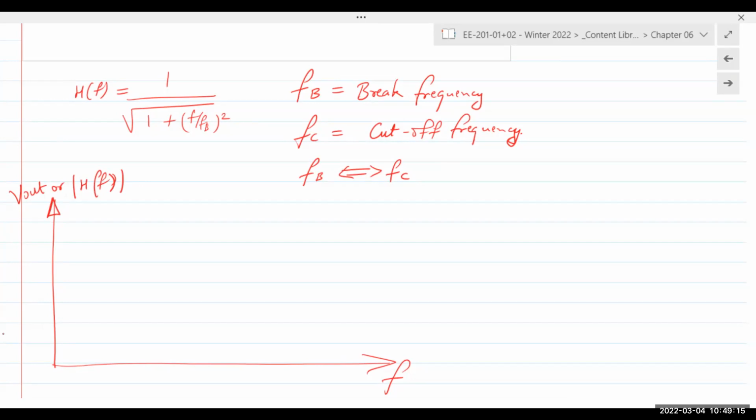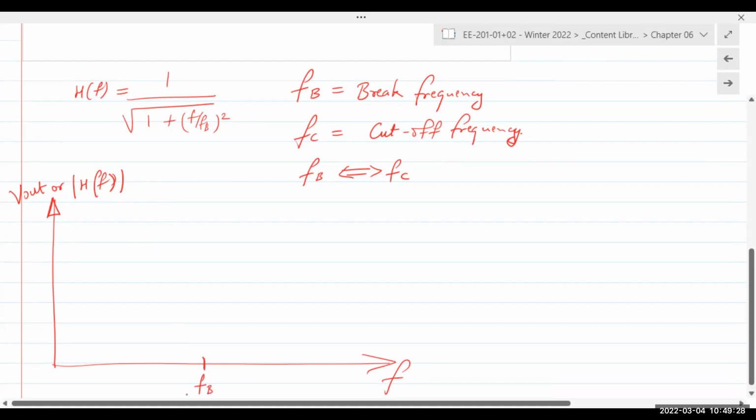We want to predict the behavior of the circuit as a function of the frequency. If FB was here, we are saying that all input components that have frequency less than FB will be allowed to pass through the circuit without any interruption, meaning the V out will be equal to V in. So all frequency values below FB should have a value that is equal to V in.